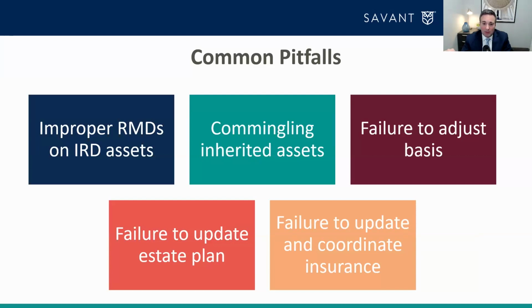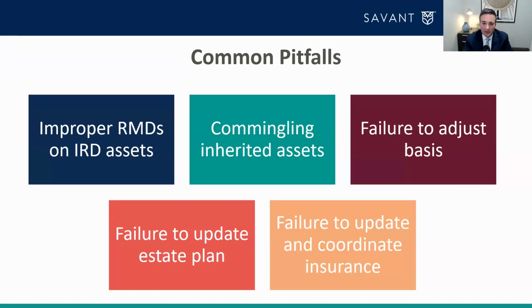And oftentimes people rush to settle estates and they're missing out on opportunities to segregate or keep those inherited assets separate in the event of a divorce, unfortunately. So slow down, speak with your attorney, your advisor, just to make sure that you're not making any mishaps, especially if you have concerns about your marital situation.